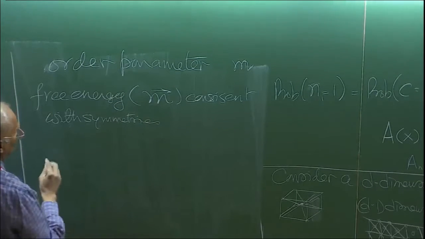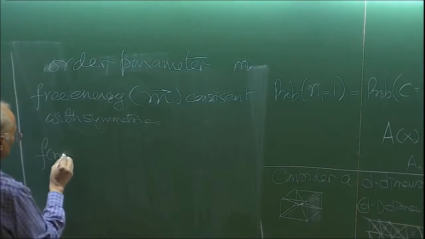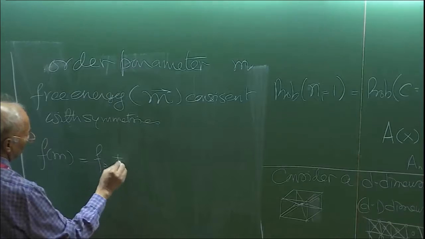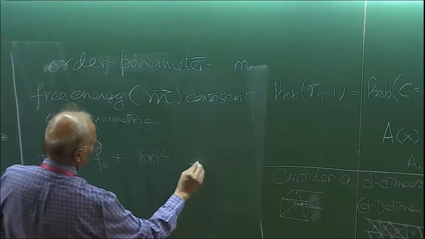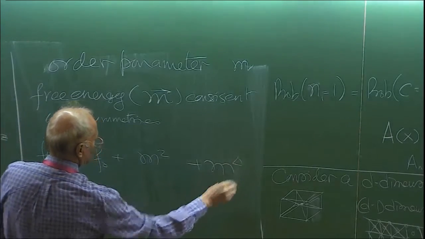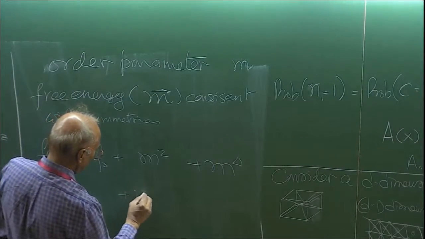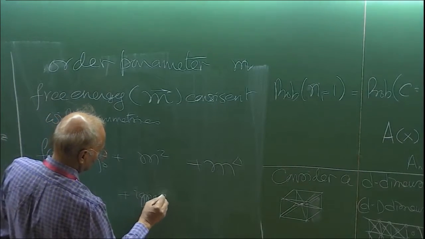So this is okay. Then I write f of M. In the Ising case, I write f = f0 + m² + m⁴ plus, then it says ignore higher order terms.